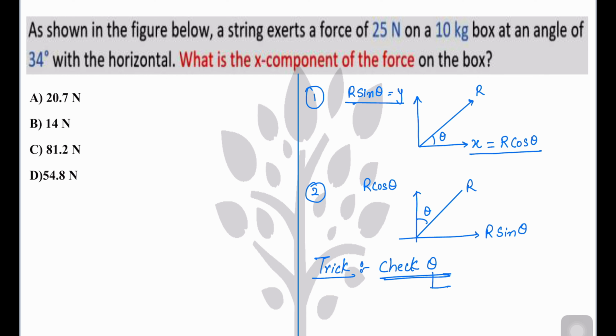Wherever you get angle theta, you will get cos theta. Just check again: here is angle theta, here is cos. Clear?